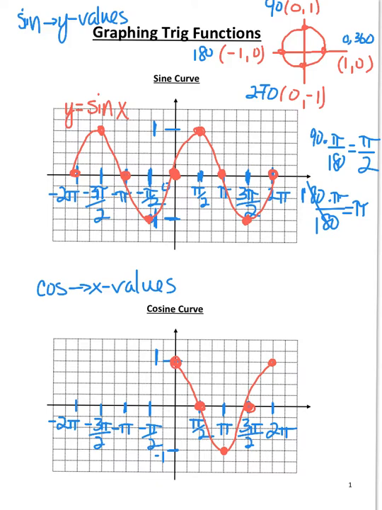Now let's compare. Notice the cosine curve starts at its maximum, finishes at its maximum, and it goes down to its minimum here in the middle. Different than the sine curve, right? Because the sine curve starts at 0, finishes at 0, and goes to 0 in the middle. And then in the middle of these two zeros goes to a max. In the middle of these two zeros goes to a minimum.